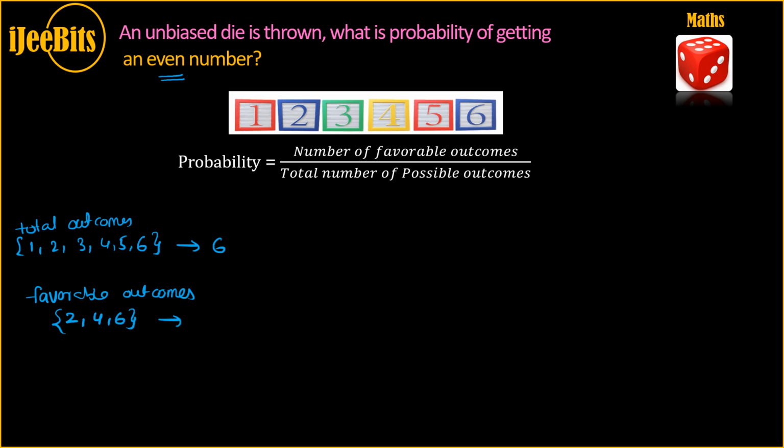So now the probability calculation: the number of favorable outcomes is 3 and the total possible outcomes is 6. So 3 by 6, which simplifies to 1 by 2. So our answer: probability of getting an even number is equal to 1 by 2.